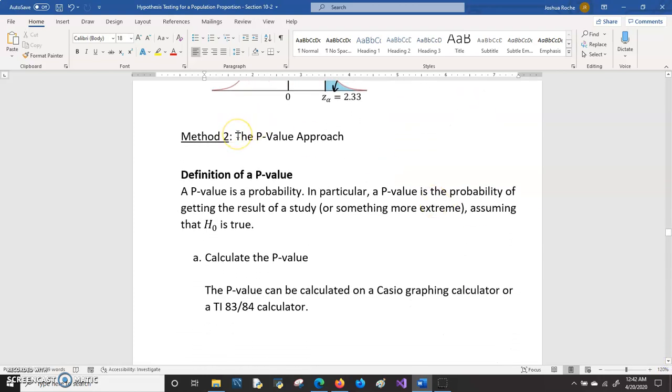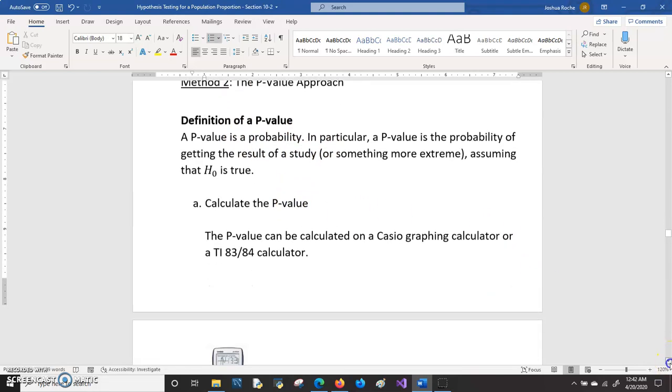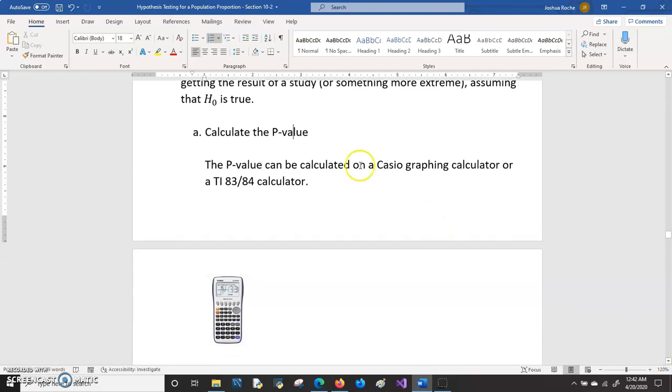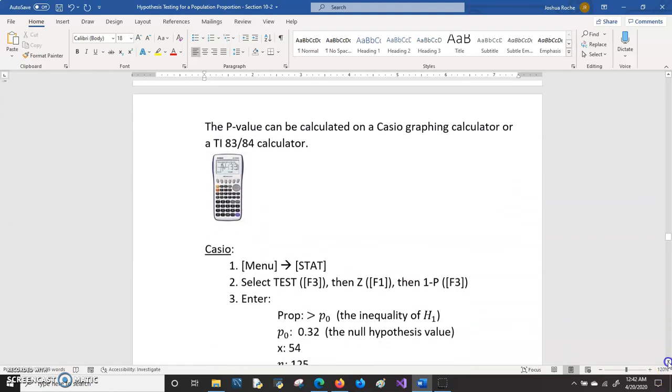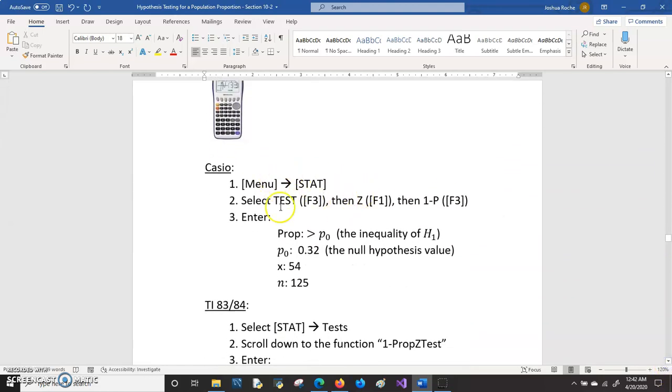The second approach would be the p-value approach. Here again is the definition of a p-value. I'm going to go right to the step of calculating the p-value. To calculate the p-value on a Casio calculator or a TI calculator, you would follow these steps.